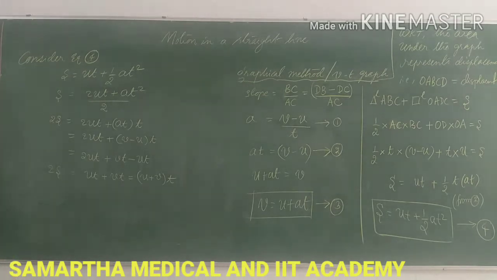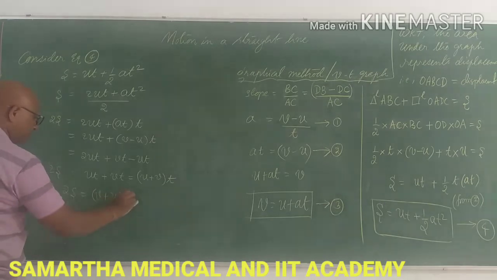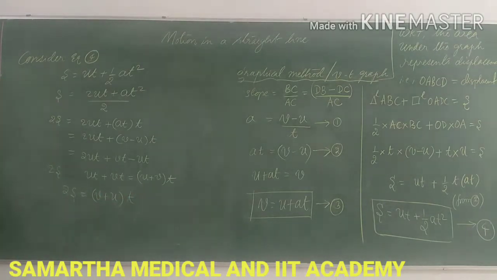Now what we will do is multiply and divide. Let me write it. 2S is equal to U plus V into T, or V plus U into T. This is the equation: 2S is equal to V plus U into T. Now we will make this arrangement.